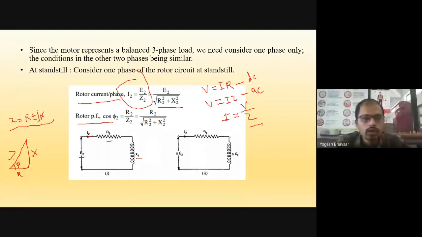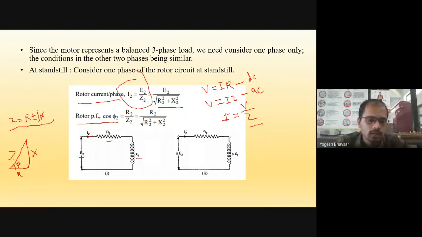Similarly, the rotor power factor cos phi 2. In an AC circuit, there will be a phasor diagram and a waveform, so there will be some rectangular and polar representation. That is called the mathematical representation of the phasors. So cos phi 2 is equal to R2 by Z2. This is again from the impedance triangle. This is the angle phi between resistance and impedance.